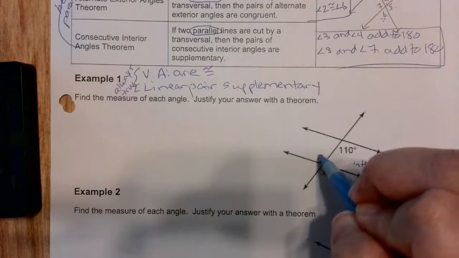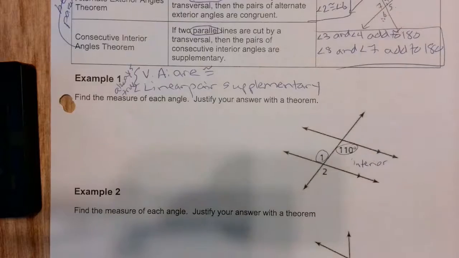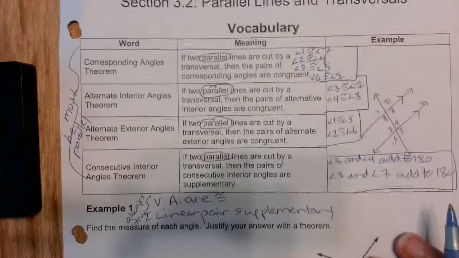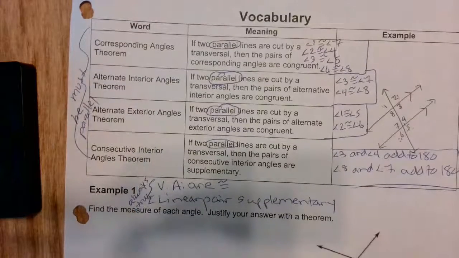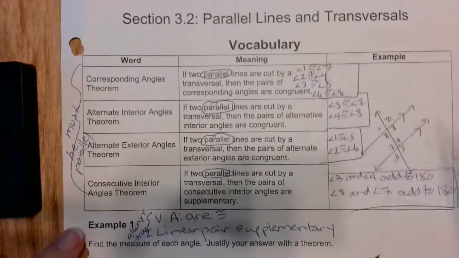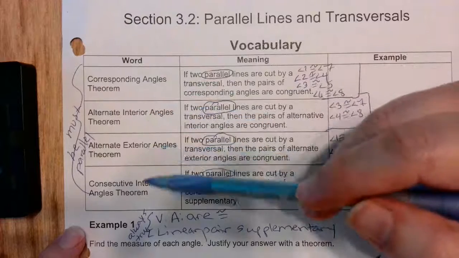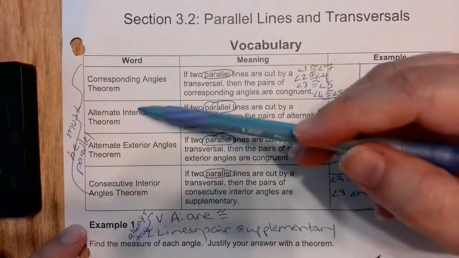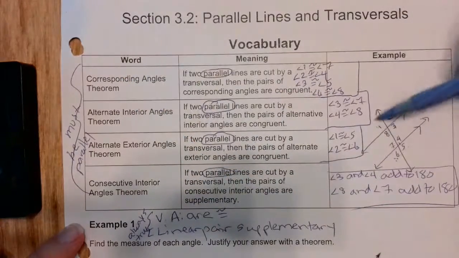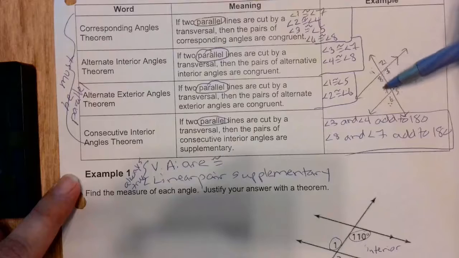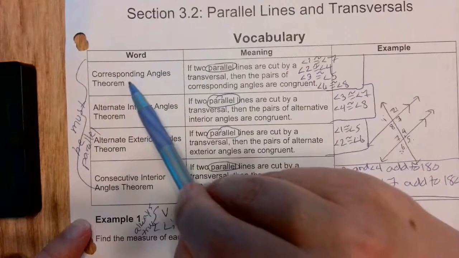So, angle 1 and the 110, are they corresponding, alternate interior, alternate exterior, or consecutive? Well, look where they are. They are both interior. So, which of these allow both to be inside? Well, that's alternate interior or consecutive interior. Corresponding is going to have, say, 1 exterior and 1 interior.